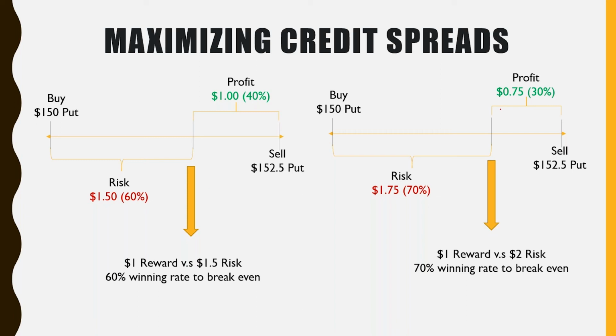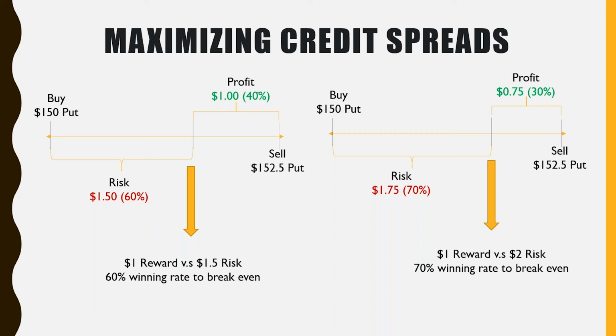The lower on the profit side, you have to increase your winning rate. So for example, let's say we buy 150 puts and we sell 152.50 puts, and we collect $1 here.